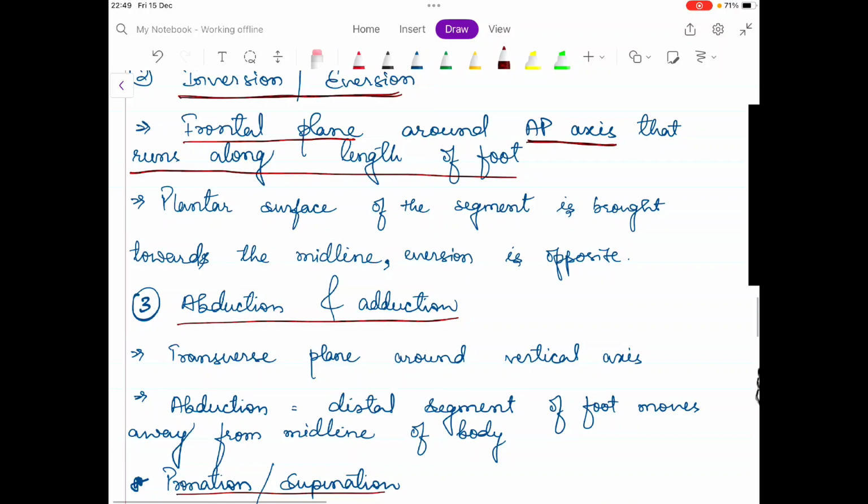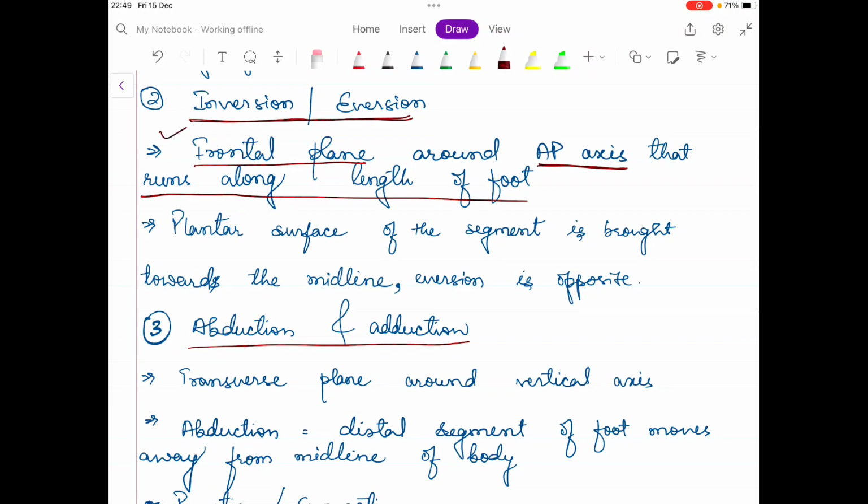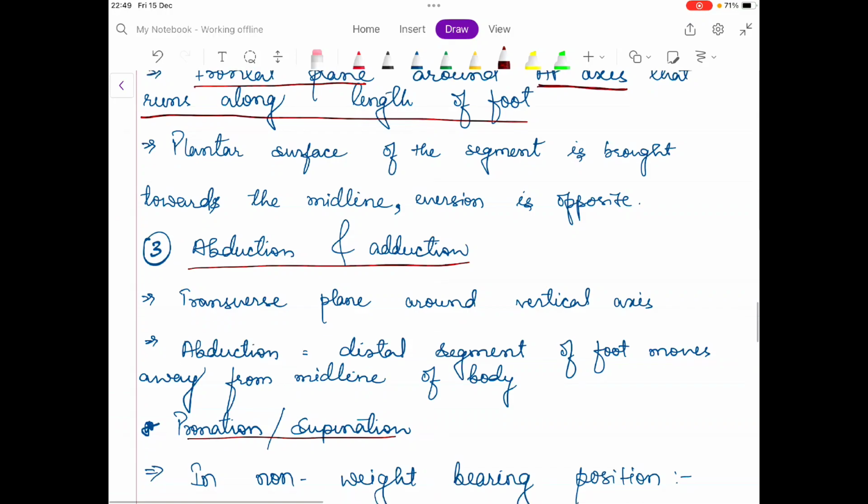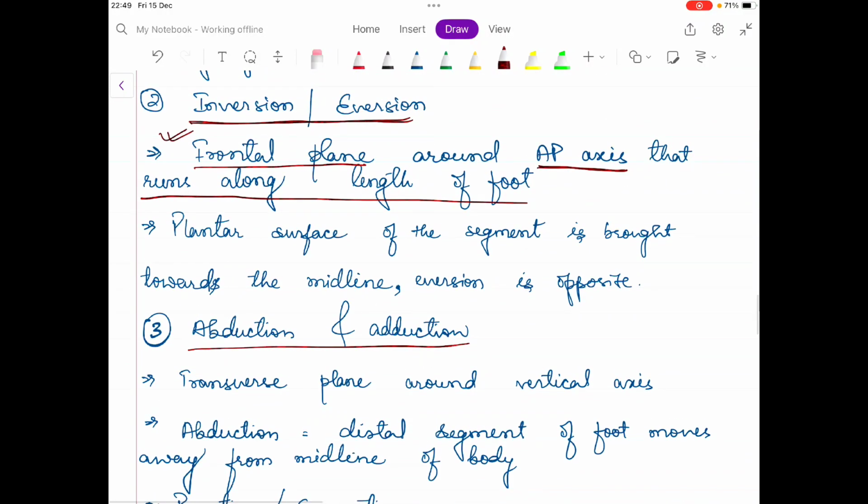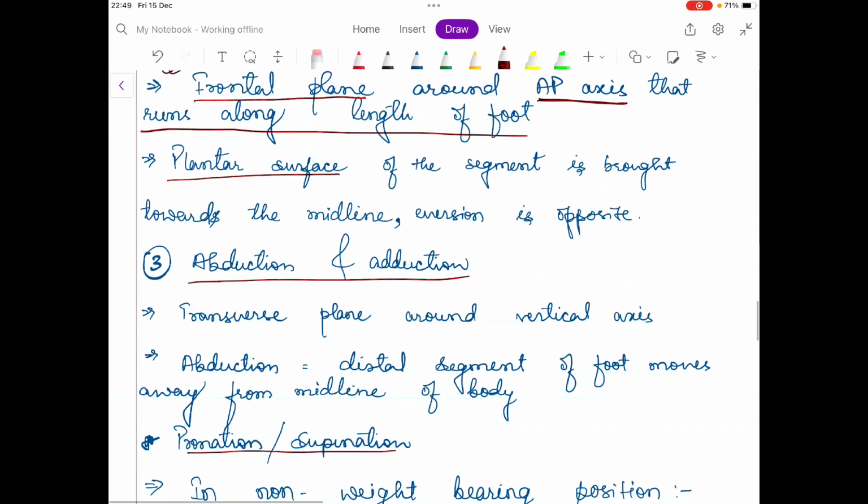And what does the frontal plane do? The frontal plane divides the body into front and back, equally divided. In inversion or eversion, the plantar surface of the foot, now you understand what the plantar surface is, is brought towards the midline of the body.